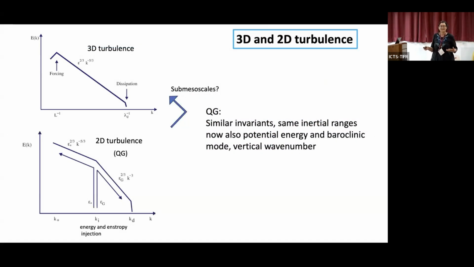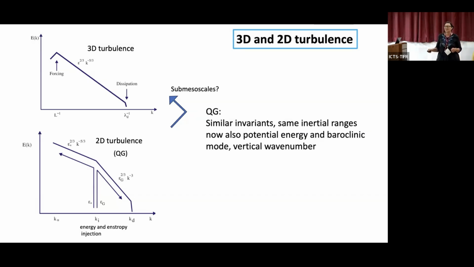Okay, just a little bit of this introduction, and I know some of you are much more familiar with turbulence theories than I am, but I'm still wanting to mention those two paradigms of turbulence. So we have 3D turbulence, where forcing and dissipation scales are well separated in theory, with this inertial range with the k to the minus 5/3.